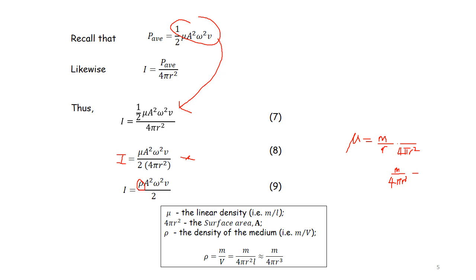That's volume. So I have m over v. So that's why you have your rho. m over v, you have your rho. So that's why this disappears. The mu and 4 pi r squared give you the rho.